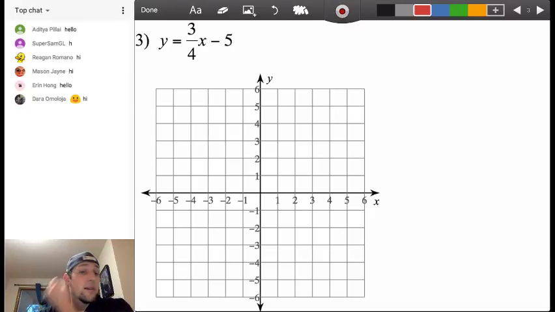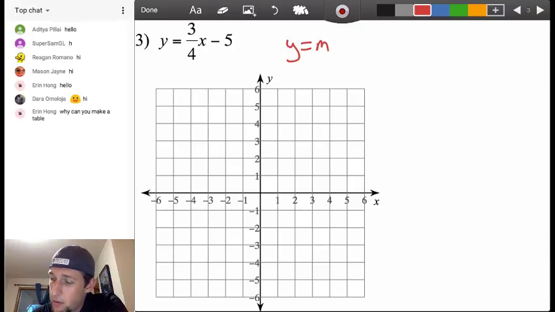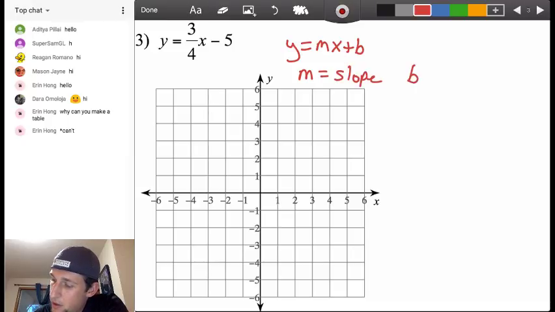And the thing we need to keep in mind is what form is it? So this one, number 3, is in slope-intercept form, which we usually write as y equals mx plus b. I'm not really sure why m or b need to be involved there, but m is slope and b is the y-intercept.